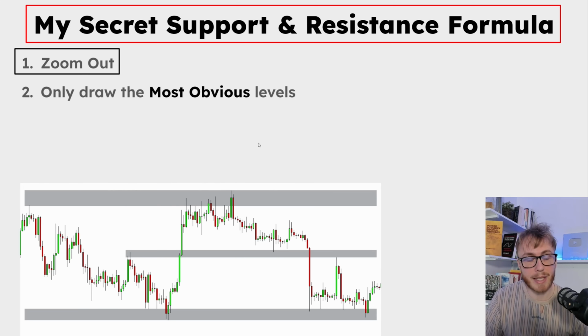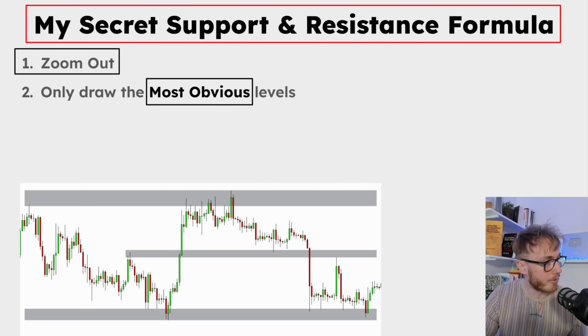The next step here is pretty much what I just recently said. What we want to do here is that we want to only draw the most obvious levels. So for example, if we take a look at the chart we have right here, we can see that the upper resistance zone is very obvious. If you zoom back, you can clearly see this resistance.